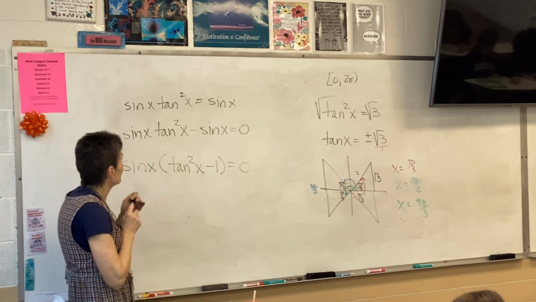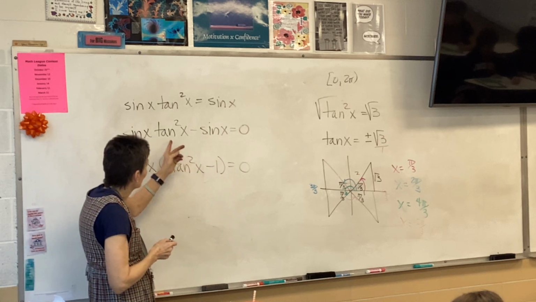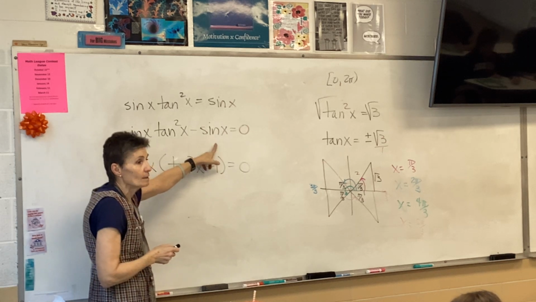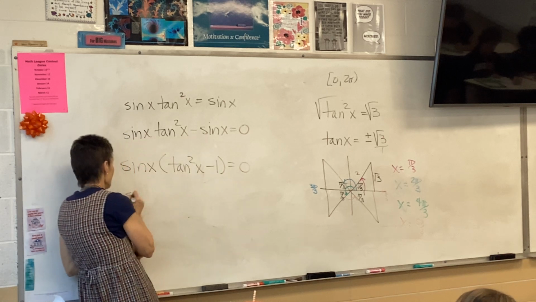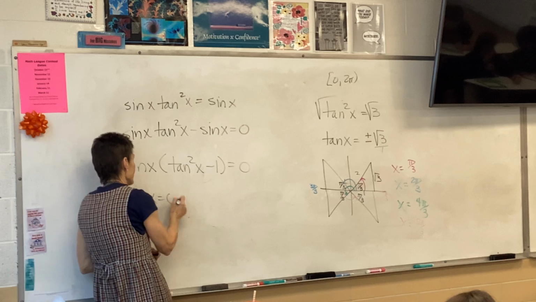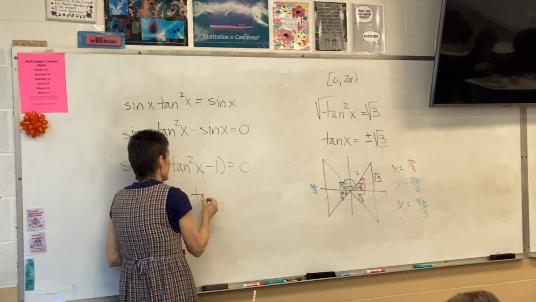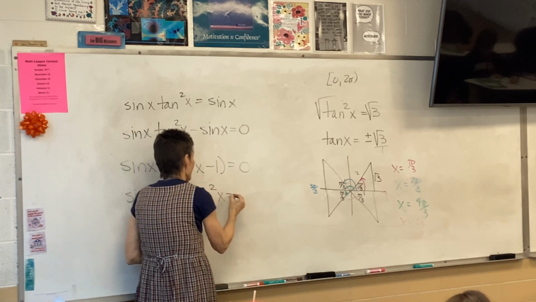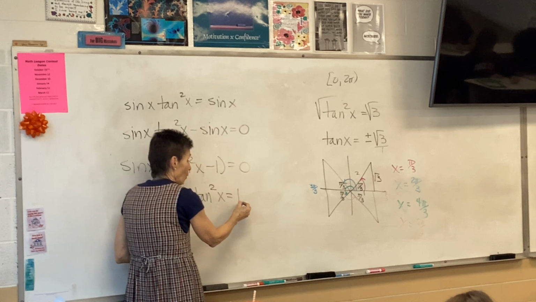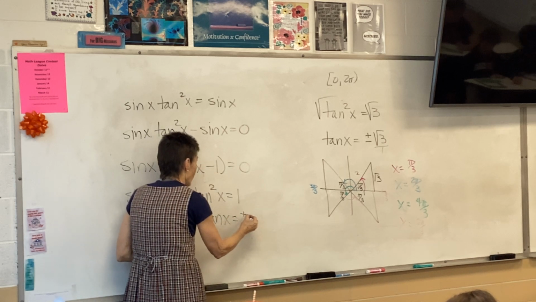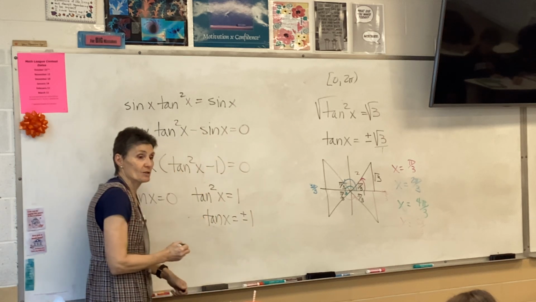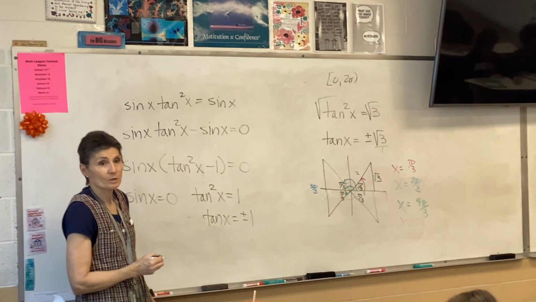And remember, when you factor out a sine, you're gonna be left with tangent squared minus 1. And then you get those equal 0. We separate them, so sine x equals 0, and tangent squared equals 1. So tangent will be plus or minus the square root of 1, which is 1.